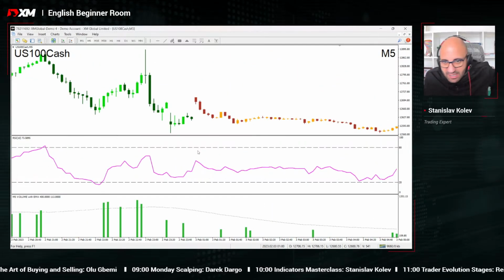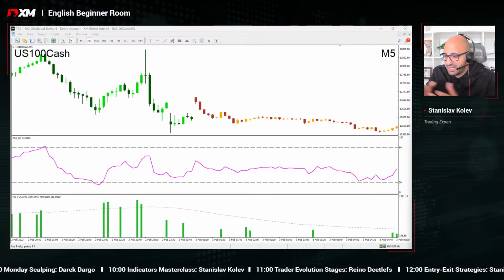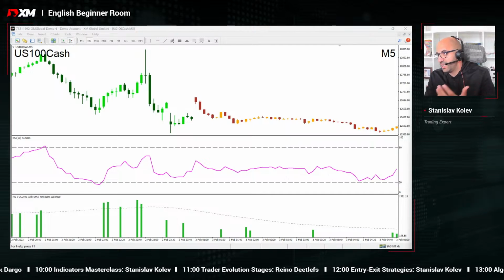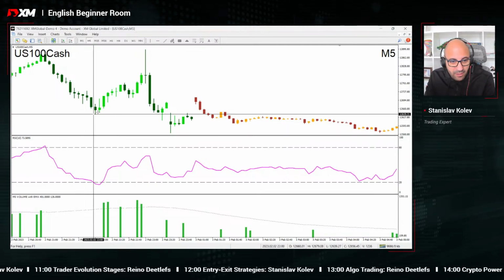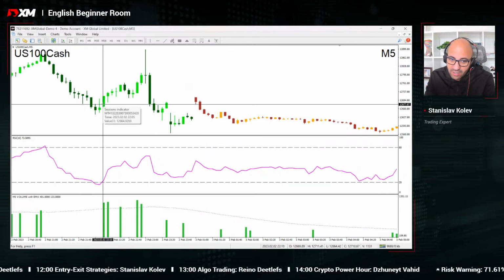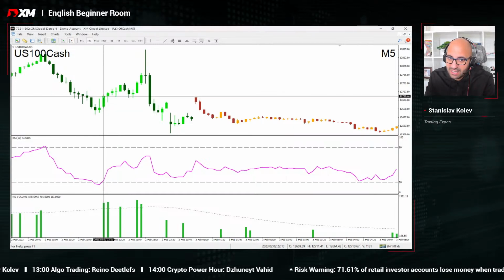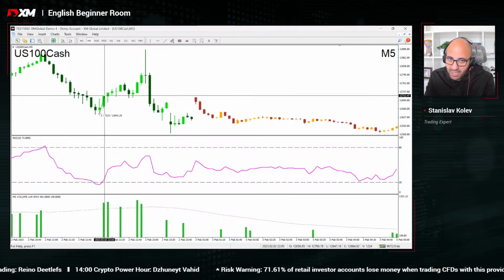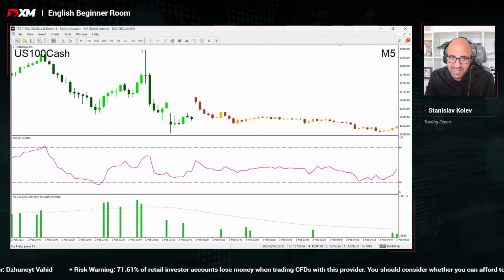So in this particular case, just to give you the first example, and you let me know whether this is clear, Ioannis and of course everybody else in this session: you got oversold. Okay, you're in the US session. All right, you want to see green color. So at the end of this candle, you are a buyer. You put the stop below the low, 75 pip, and you get to 180.